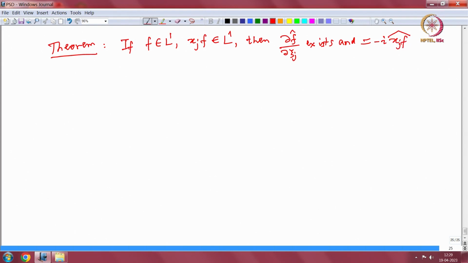Let me sketch the proof for n equal to 1.